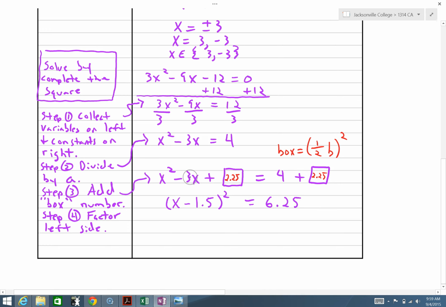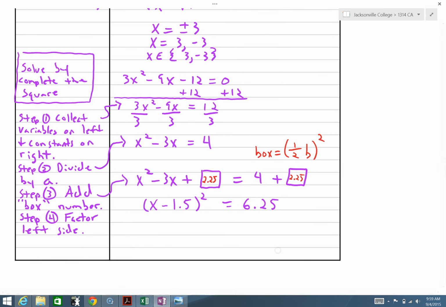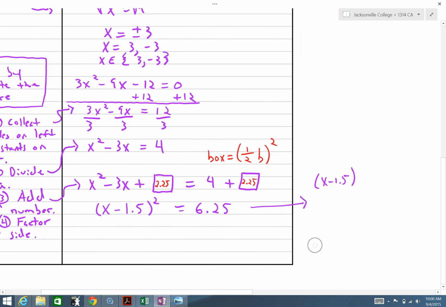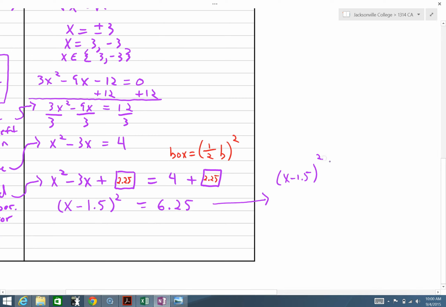How is this equal to this? Well, you're not writing this down, this is just over here in your sandbox, just thinking about this. X minus 1.5 quantity squared is equal to x minus 1.5 times x minus 1.5. Well, x times x is x squared.